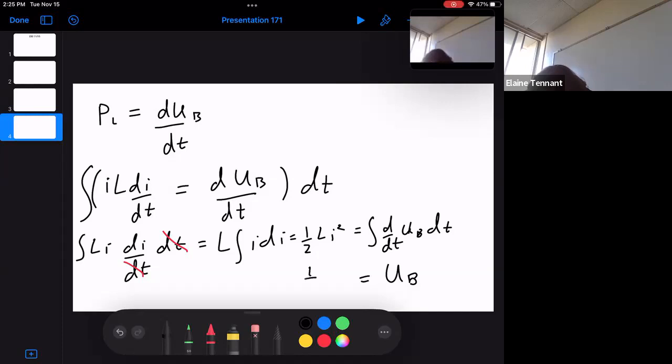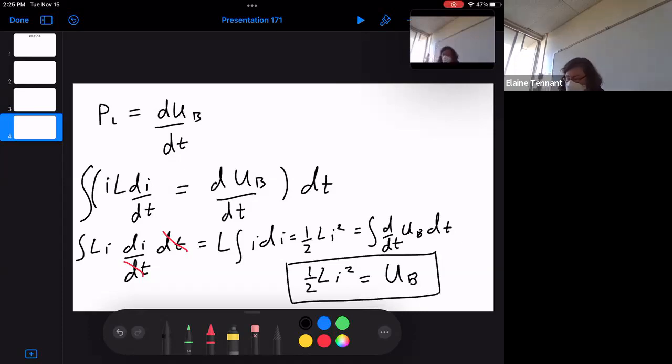So here's our first answer. If you have some solenoid, some inductor, some coil of wire, and you put a current through it, the energy in the magnetic field that will be generated is this one half L I squared. What sort of units do you think that's going to be in?